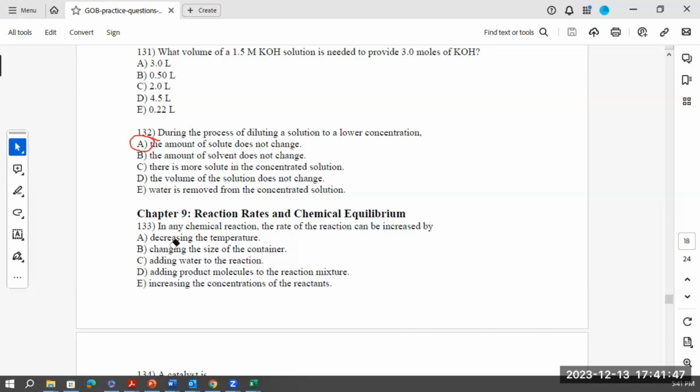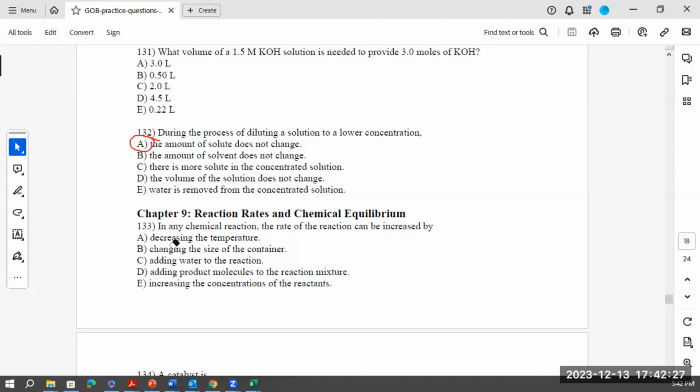So if we decrease the size, so if you guys think about that, in this case, we know that decreasing the temperature is going to slow it down. But if we change the size of the container, well, we know that that's not it. So we have more surface area that can speed up our reaction.